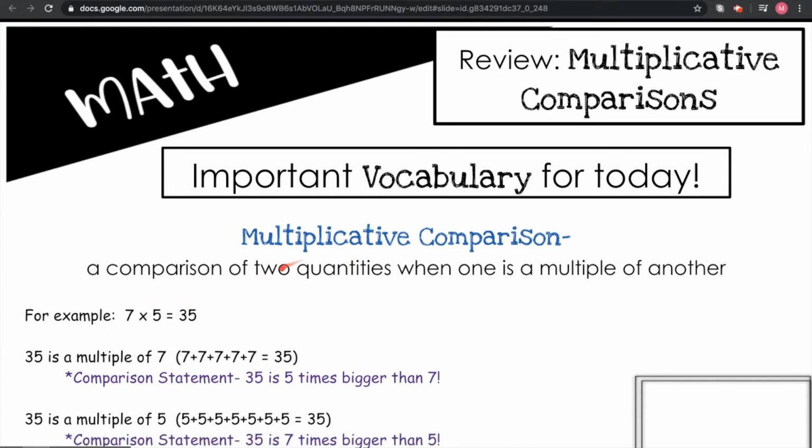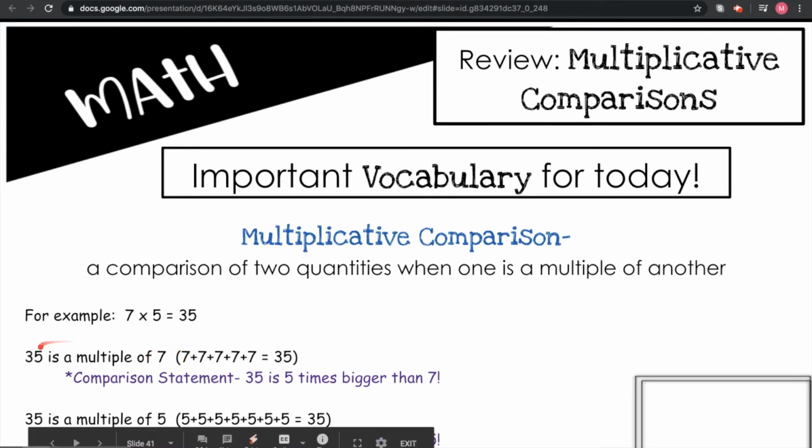We are looking at two quantities when one is a multiple of another. 7 is a multiple of 35, so it falls under a multiplicative comparison. Your job is to know that 7 how many times will get you 35, and we talked about it yesterday, and your facts in your head should kind of tell you 7 times 5. 7 times 5 is 35. So 7 is a multiple, and you know that because 5 times when it's repeatedly added.